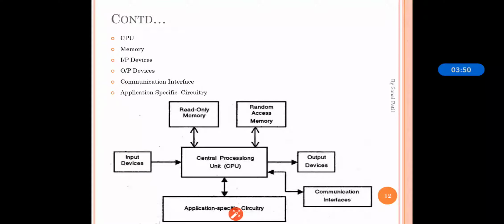Next is the communication interface. The communication interface is responsible for providing access so that the devices can communicate with each other. We have seen the communication protocols as well in detail.